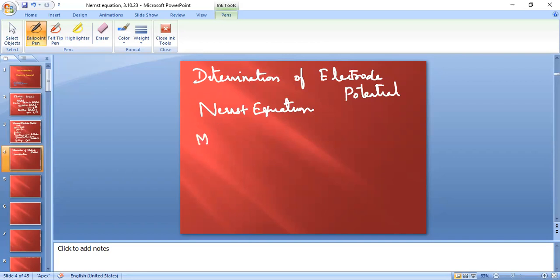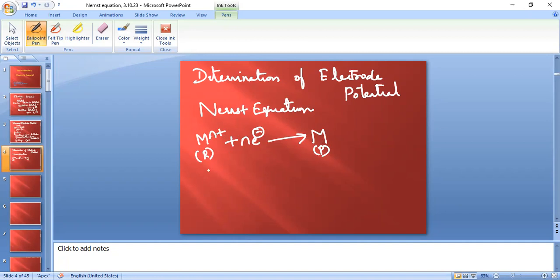So let us take a metal ion M^n+, and it gains n electrons. It accepts n electrons and becomes M. It can be a reversible reaction also. Here M is the product and M^n+ is the reactant. That is, the ion gains electrons to become a stable metal.